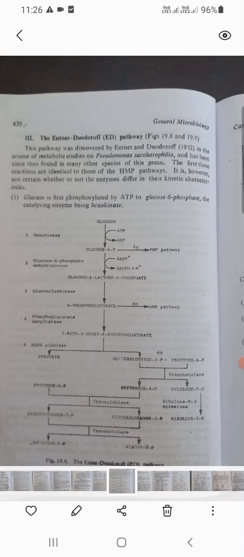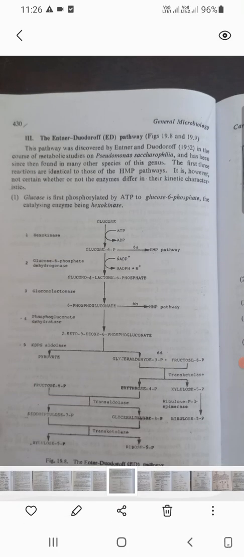6 phosphogluconate is acted on by the enzyme phosphogluconate dehydratase, giving 2 keto 3 deoxy 6 phosphogluconate, that is KDPG.